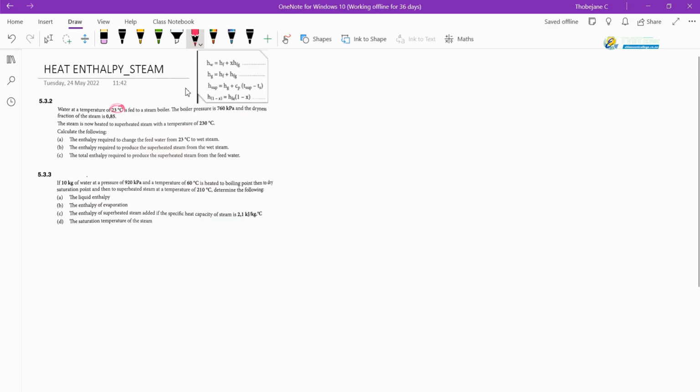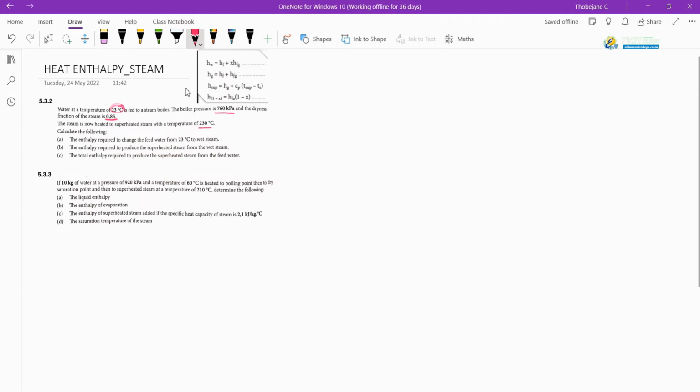The boiler pressure is 760 kilopascal. Remember our steam book, this is where you go and check your steam book. The dryness fraction is 0.85. The steam is now heated to superheated steam with a temperature of 230 degrees Celsius.